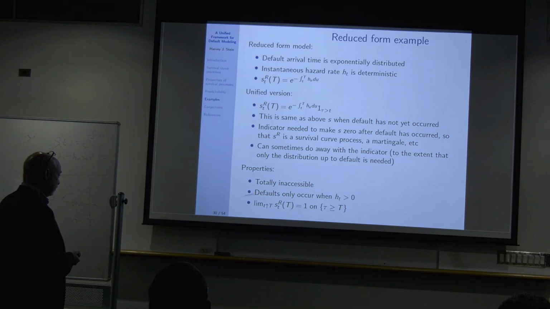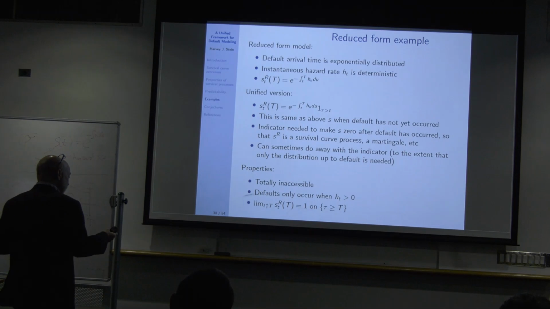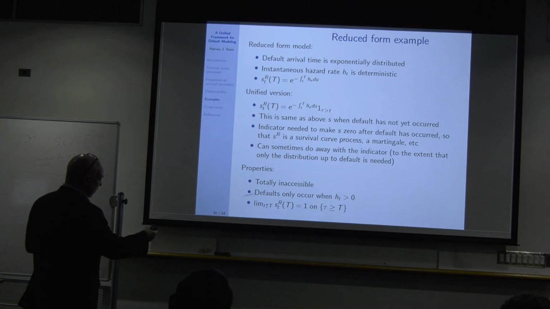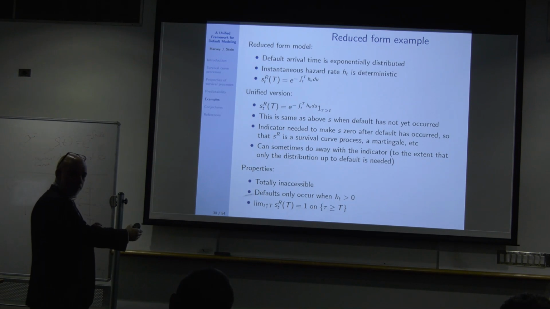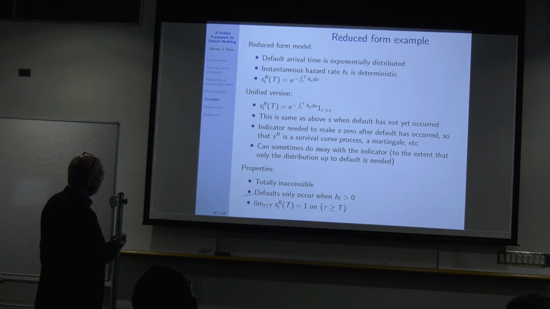And now, if you think about it, this is an important point, which you'll see why it's important as we go through these examples. If you look at the survival probability, the probability of surviving past a certain time capital T, as you approach that time, the limit is always 1 in these models. Right? You're taking the limit of this process as little t approaches capital T, and it always goes to 1.